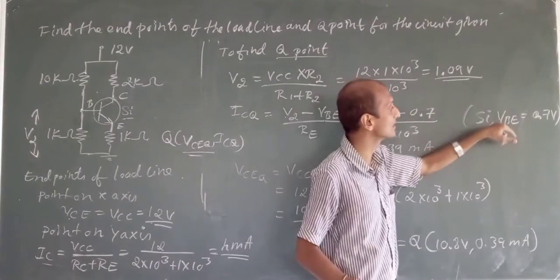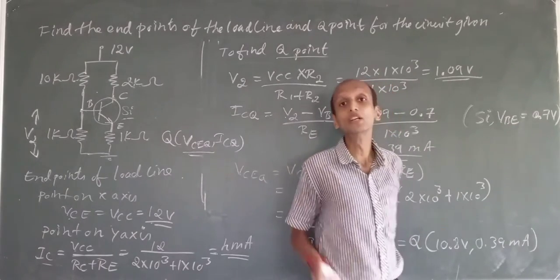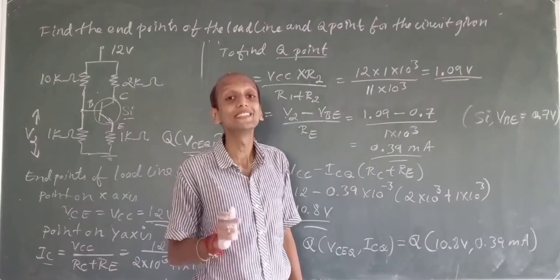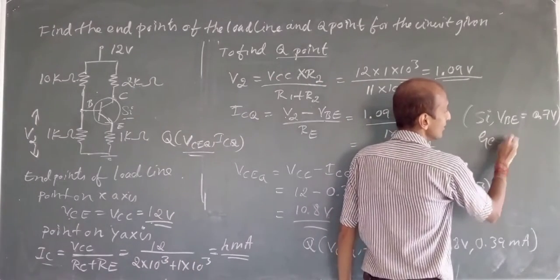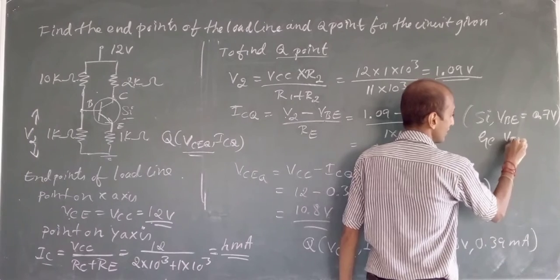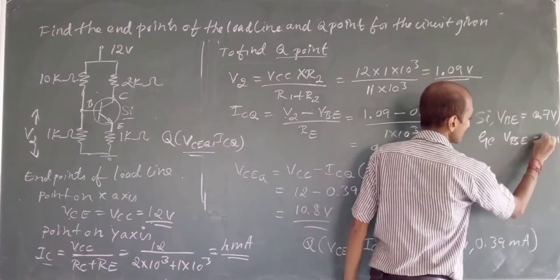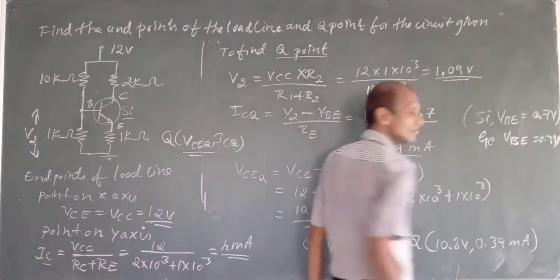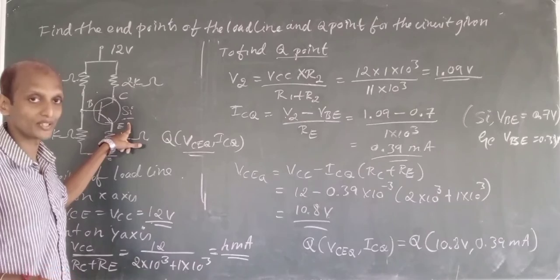If it is a silicon transistor, the value of VBE will be 0.7 volts. For a germanium transistor, VBE will be 0.3 volts. Clear? Here they have given it as a silicon transistor.